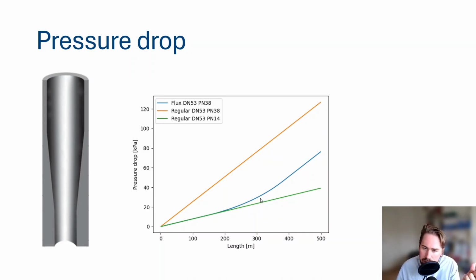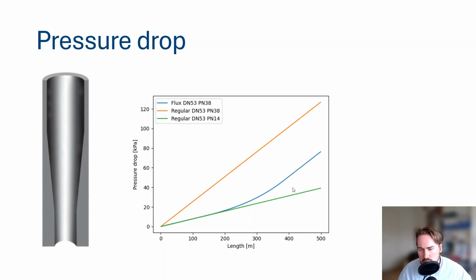And it's only when our conical cross-section stops that we are parallel to our regular PN38 probe. But with this difference that since we have this whole section in the pipe where our wall thickness is smaller, we also experience significantly lower pressure drops.